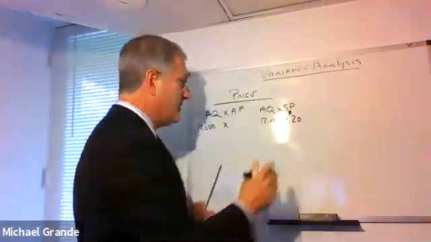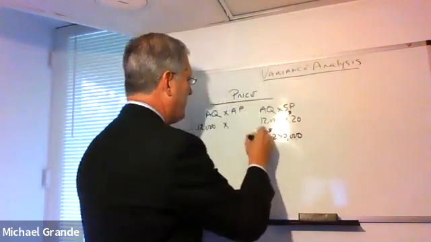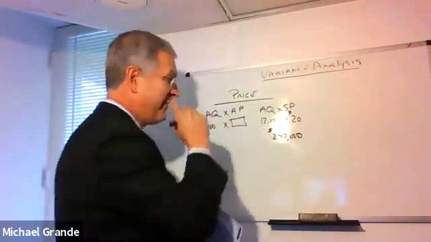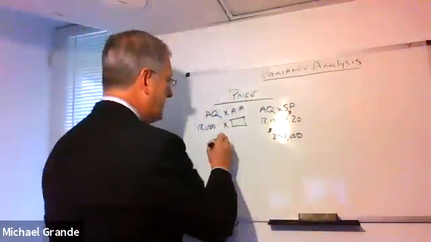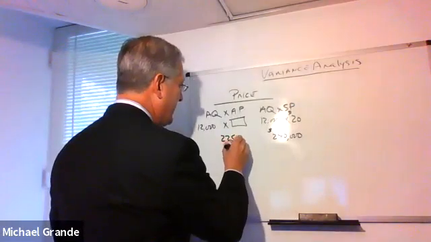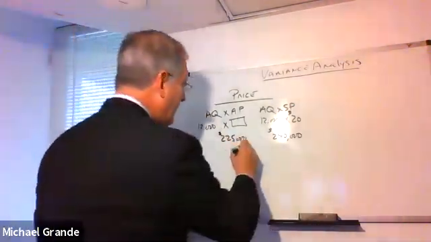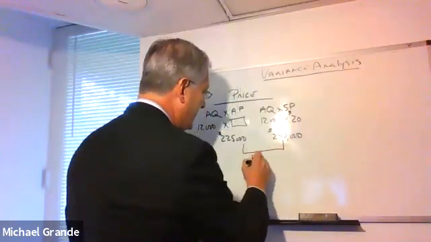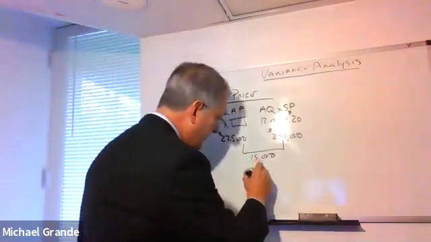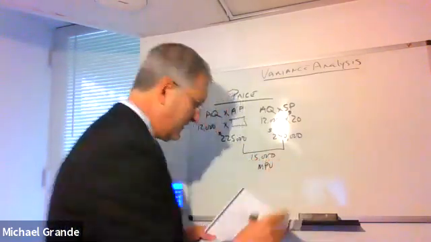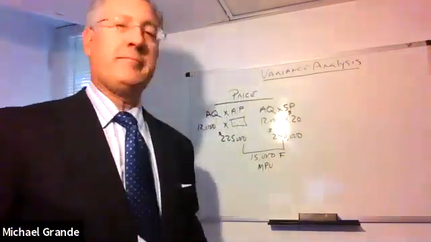So they should have spent $240,000. What did they actually spend? They actually spent $225,000. So you have what? You have a $15,000 materials price variance, which is favorable.